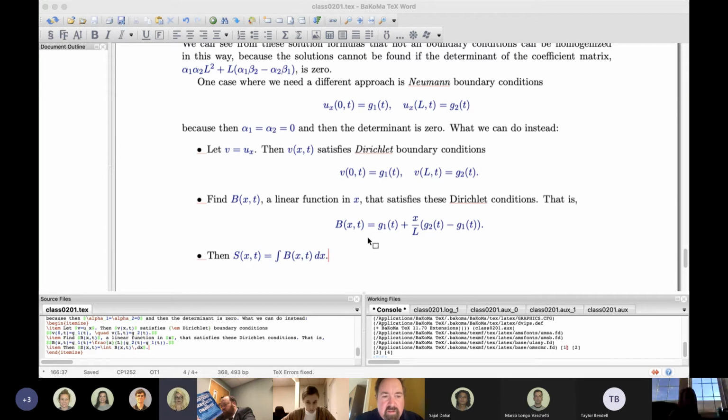For the units to work out, it had to be inverse seconds. So it's Celsius per second.